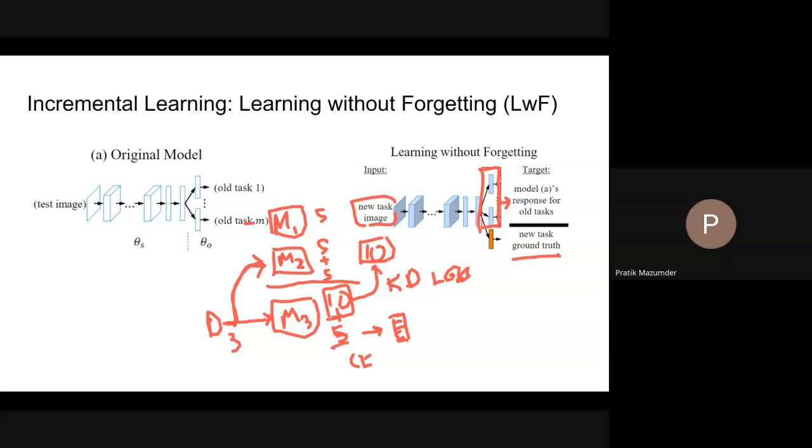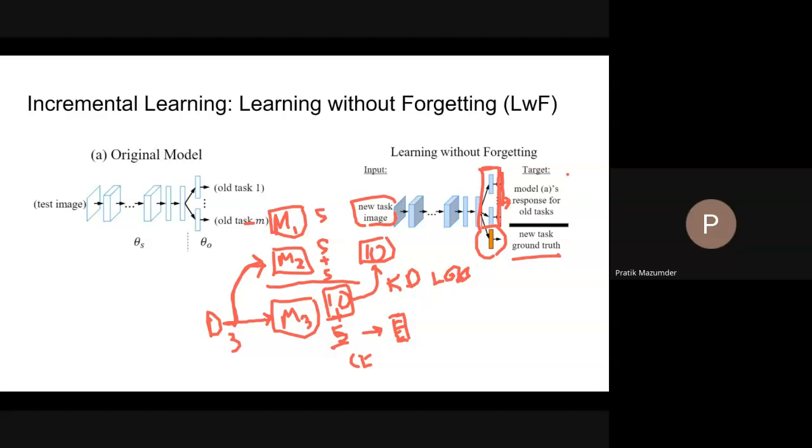So for this particular portion, we try to predict the correct class. But for this particular output, we try to predict the same value as the teacher model was predicting. Okay. So within the same output vector, we have two different targets for different sections of your output.